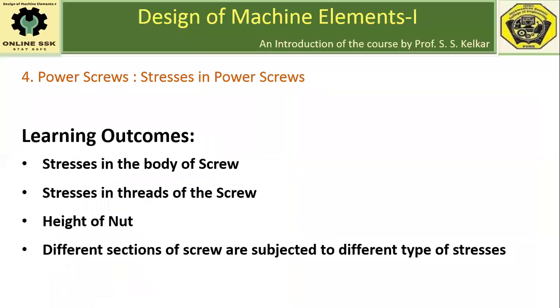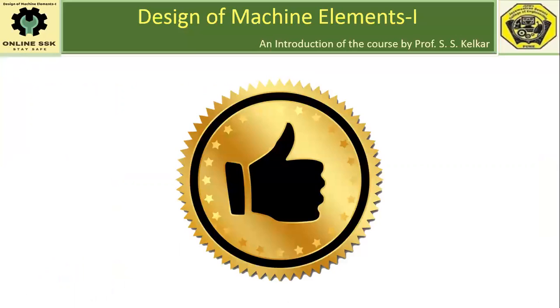So this is all regarding different types of stresses, how to use them, and what the different terms inside the formulae for different stresses are. Stresses are to be dealt with differently for the shank or body of the screw as well as the threads of the screw.